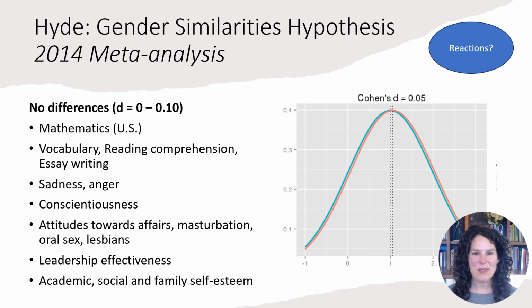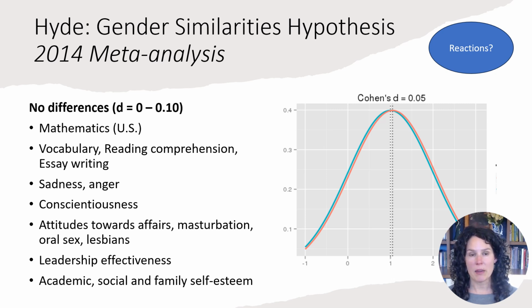Okay, so this is the first of a few slides on Janet Shibley Hyde's gender similarities hypothesis, and more specifically her meta-analysis on this. This is from 2014, so it's already older, but it was, as far as I can tell, the most recent comprehensive meta-analysis on gender differences, where she basically looked at decades of research on gender similarities and differences to determine how big these differences were.